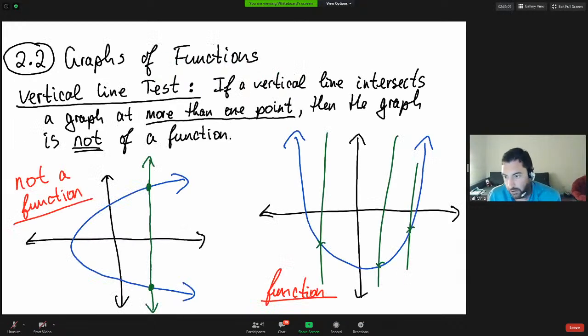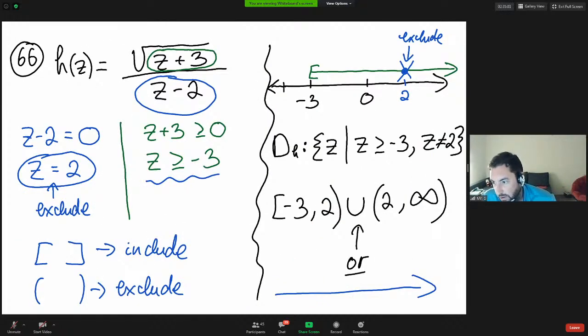So 66, which one was 66? That one. Okay, so the question was, how does radical z plus 3 turn into z is greater than or equal to? Let's see if I can explain that. Here, the radical of z plus 3 tells us that the radicand z plus 3 has to be greater than or equal to 0 for the radical to remain a real number.